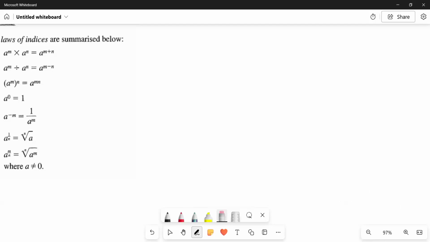Let's see if I can get you one. All right, you're asked to solve something. Solve 64^x equal to 16.